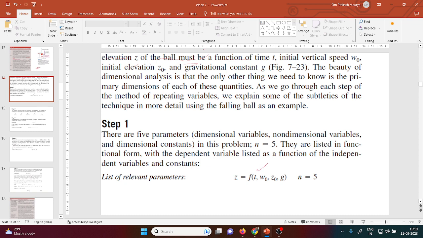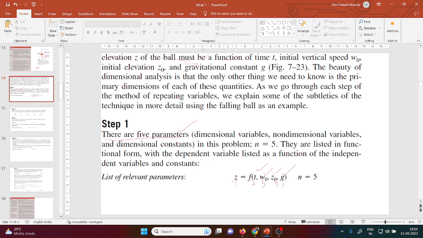The time, your initial speed, your initial height, and the gravitational acceleration. So here are the five parameters. They may be dependent or independent, a dimensional variable, a non-dimensional variable, or a dimensional constant. How many? This is 1, 2, 3, 4, 5.